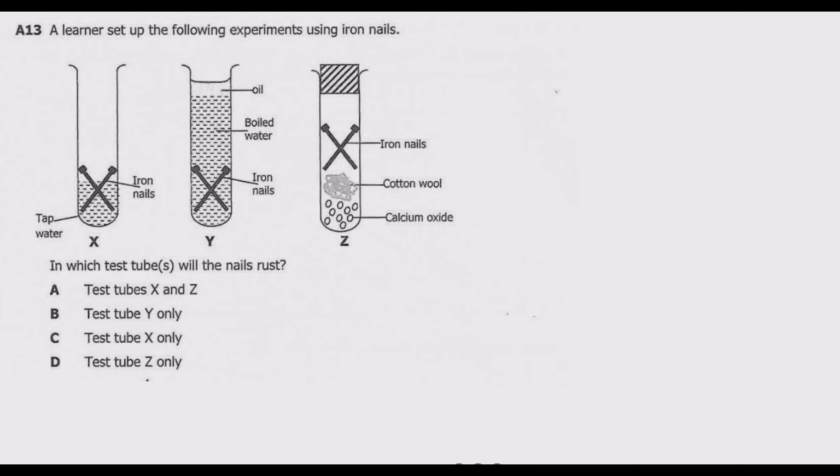For rust to be formed, iron, which is a solid, reacts with oxygen, which is a gas, plus water. So two things are needed for rust to happen: we need the presence of water and oxygen. Then it will occur.